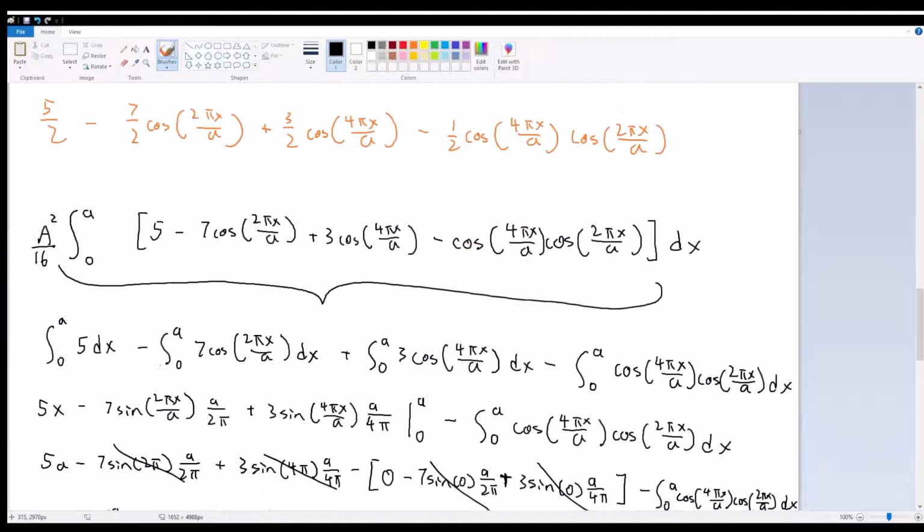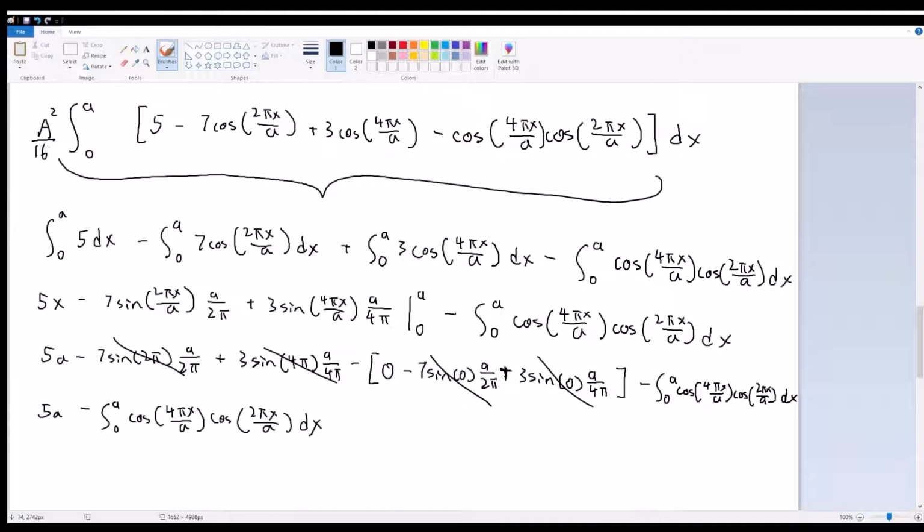At this point, if we move the a squared over 16 back in, what we're going to get is a squared times 5a over 16 minus a squared over 16 times the integral from 0 to a of cosine of 4 pi x over a times cosine 2 pi x over a dx.